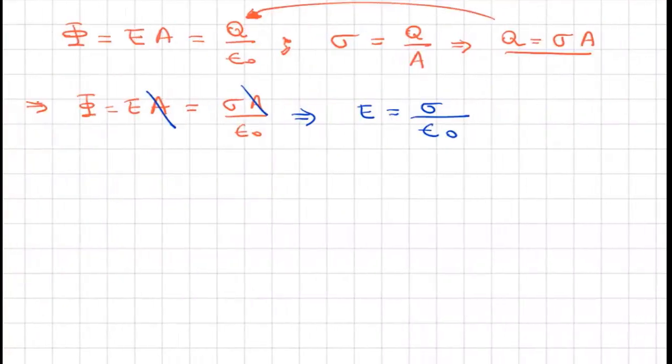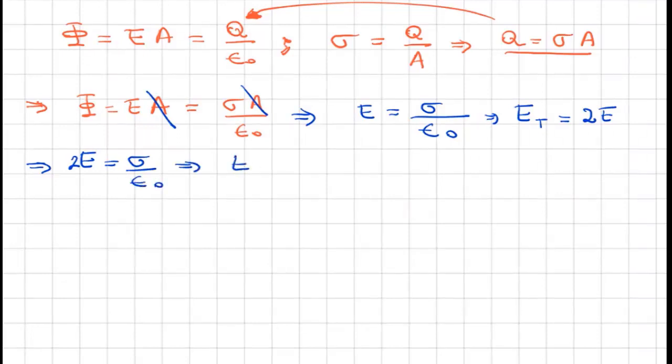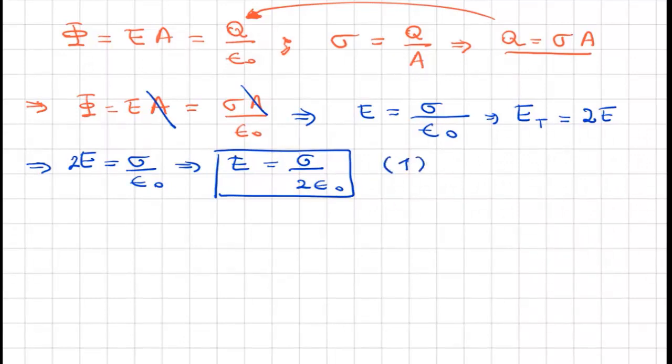That means that the total electric field produced by the plane is equal to 2 times the electric field on each side. That means 2E is equal to sigma divided by epsilon 0, and if we clear the electric field, we have sigma divided by 2 epsilon 0, and that's the electric field produced by the plane. We are going to call this equation number 1.